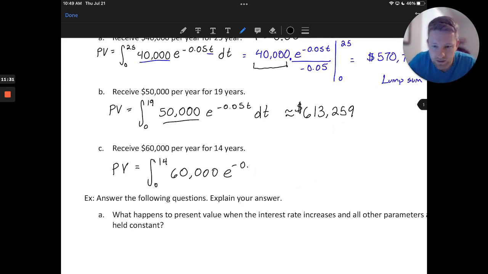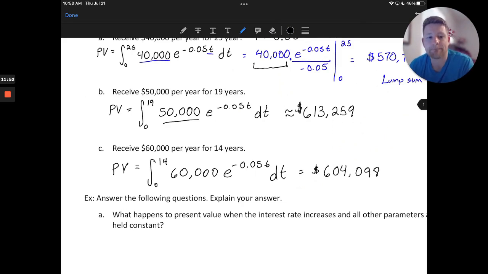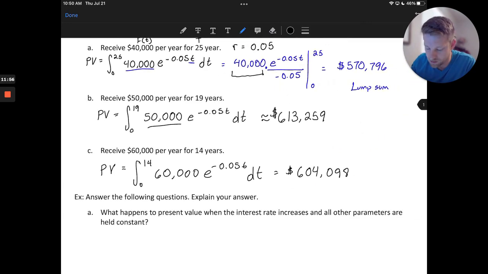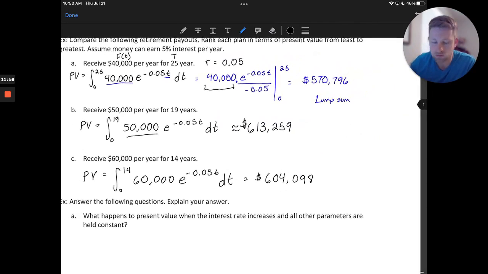If we calculate this one in a very similar fashion, we would find that this income stream is $604,098 if we round to the nearest dollar.